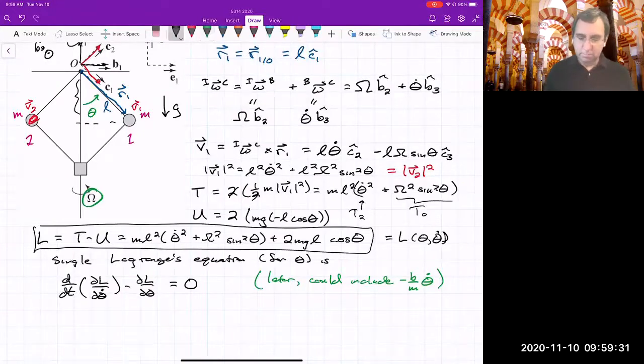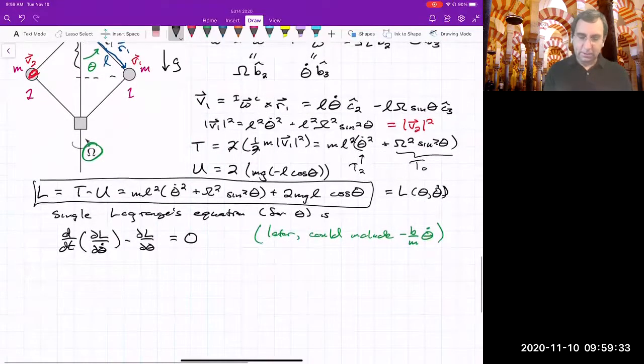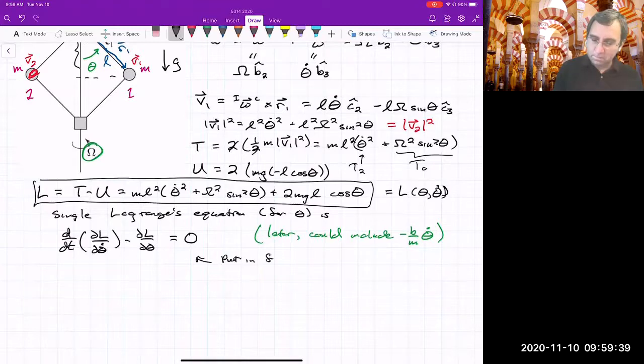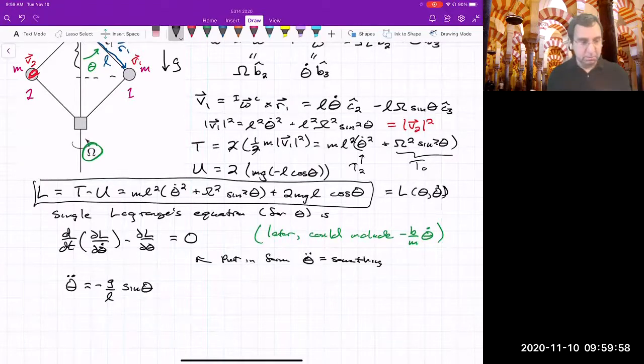If you write out Lagrange's equations, and we want to put this in the form theta double dot equals something, so it looks like second order form, you might have to divide out by things. You'll get theta double dot equals negative g over L sine theta. That looks exactly like the pendulum.